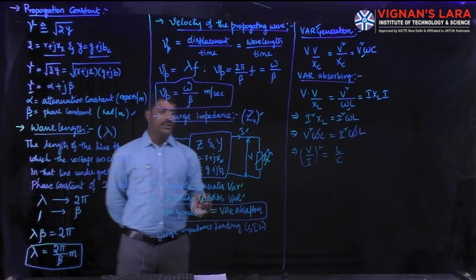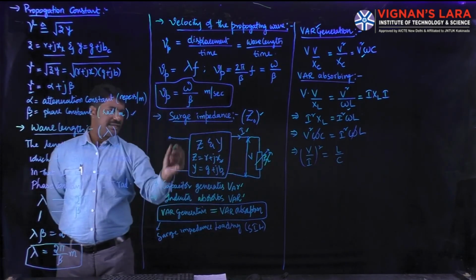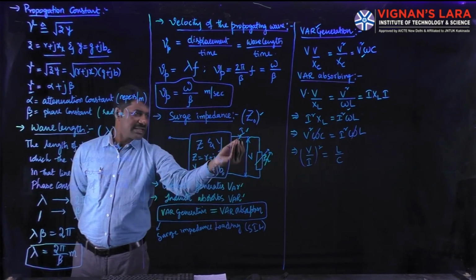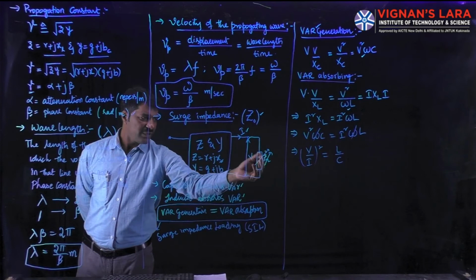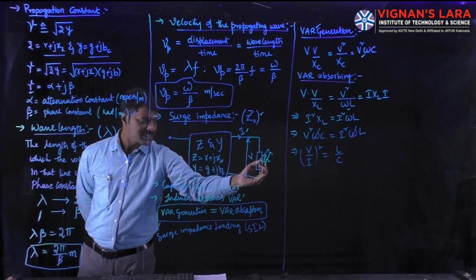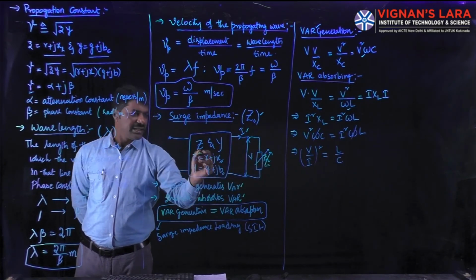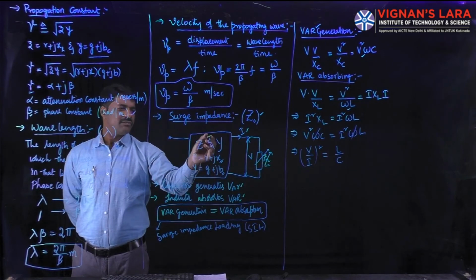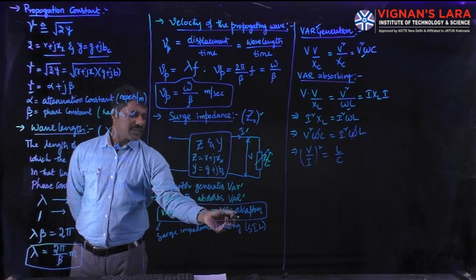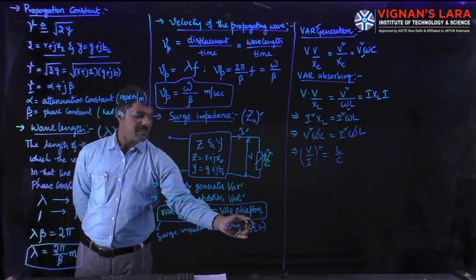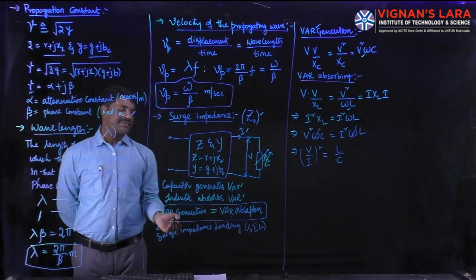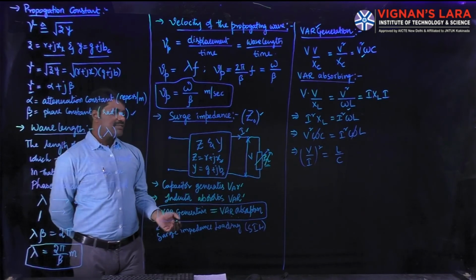Just now I told you, in our network representation, this V is the receiving end voltage and I is the receiving end current, with a variable impedance of Z. We have identified this Z to be the specific Z where the volt ampere generation will be equal to volt ampere absorption. Whenever these two are equal, we call that impedance the surge impedance, and the loading is called surge impedance loading.